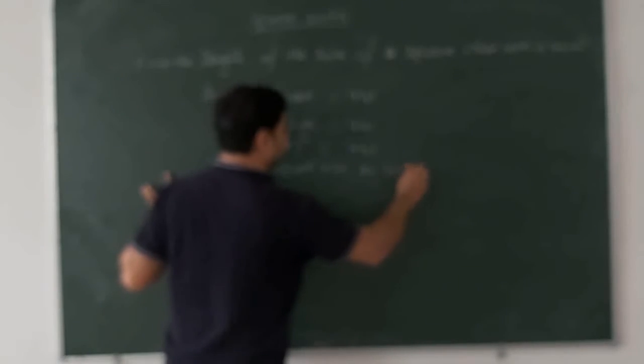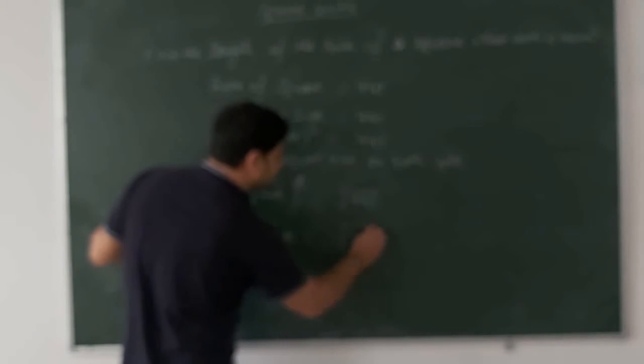So side square is equal to the square root of 441, and this cancels. So side is equal to the square root of 441.